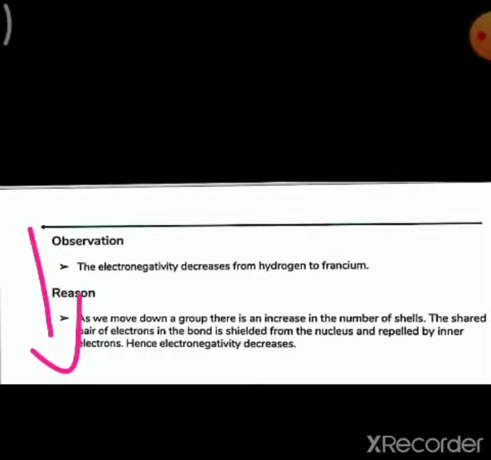There will be a shielding effect between the nucleus and the other electrons, and the outer valence electrons are repelled by the inner electrons. So your electronegativity decreases.